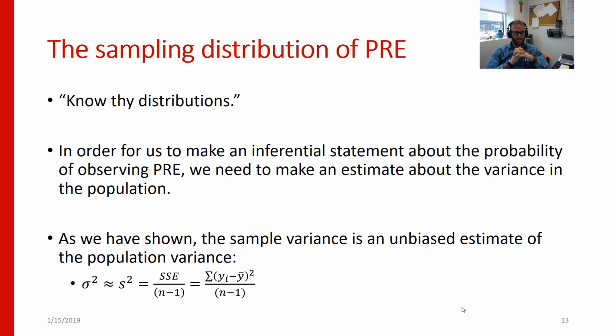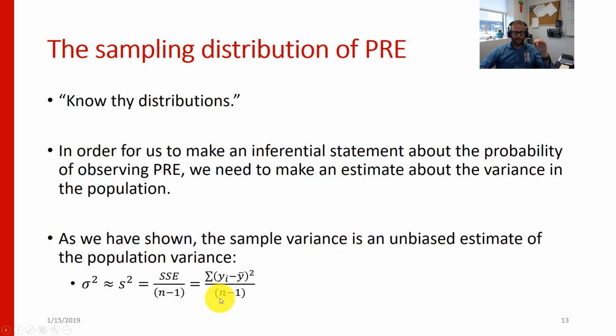And as we've shown, the sample variance is one tool we can use to estimate the population variance. Just as a reminder, in the population we would write the variance as sigma squared, but we don't know what sigma squared is, so we need to estimate it using the sample variance, written as S squared, which is calculated as the sum of squared errors divided by n minus 1.